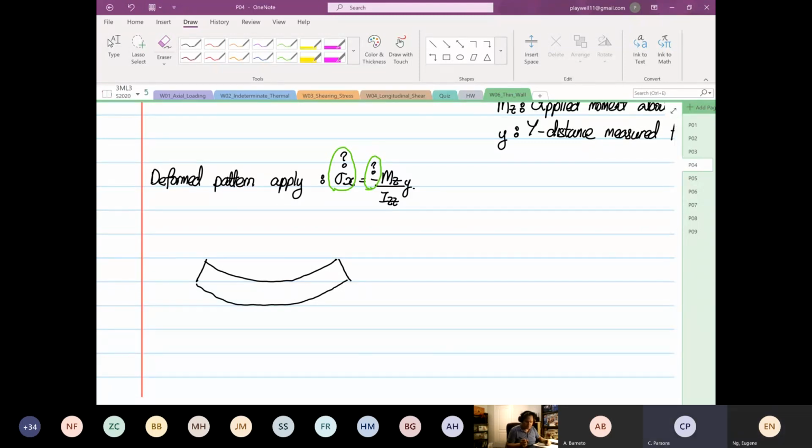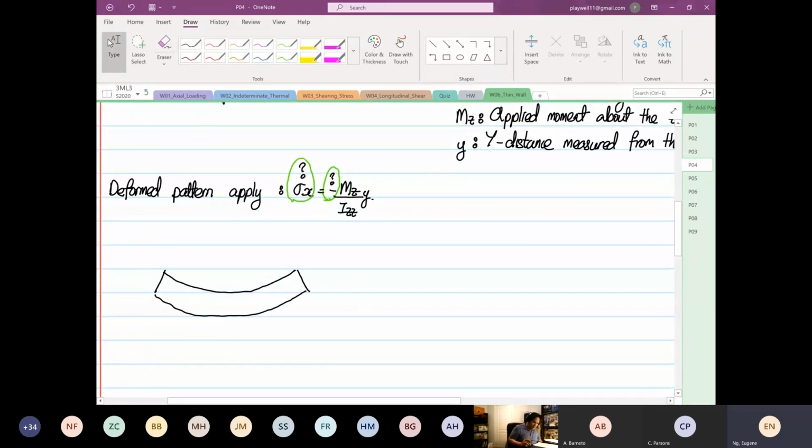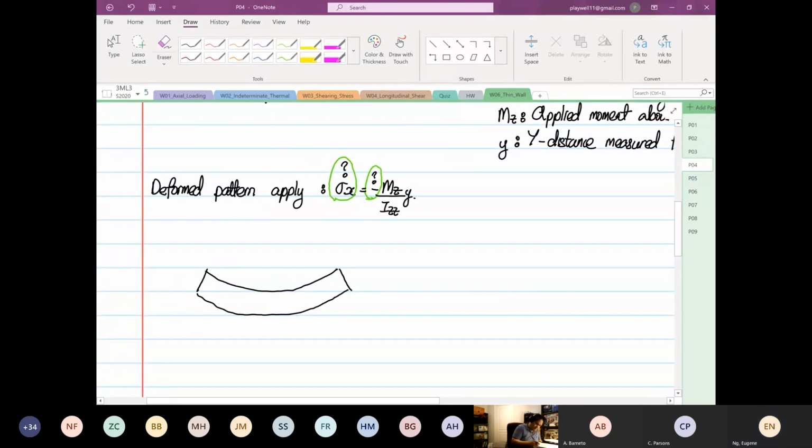Okay, let me explain to you mathematically what's going on first, okay? Right. So this is our transformation: X, Y, rotation about Z. And if you look at how the structure is deformed, at the top it is going through what?